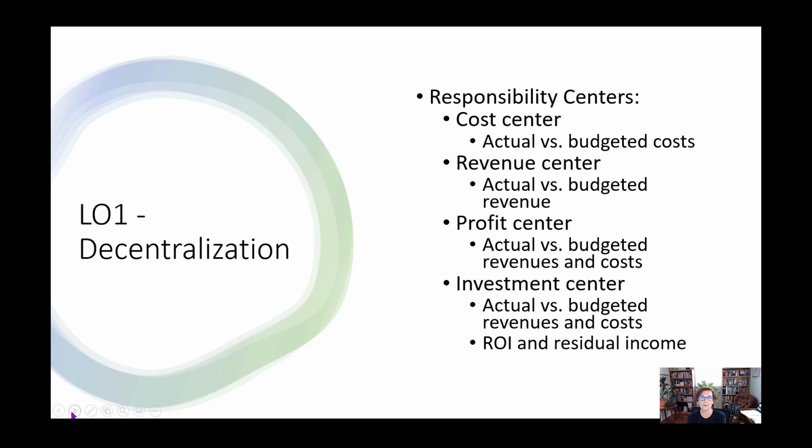An investment center does everything a profit center does, but in an investment center, the manager has control over how money is invested in assets. And so we want to know how well the assets are generating revenue and income. And so we look at the same thing as the profit center, but then also ROI, which is return on investment, and residual income.